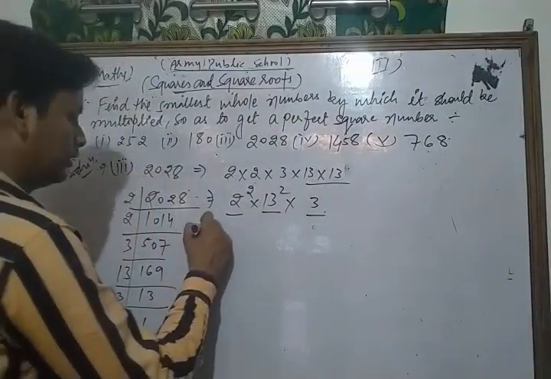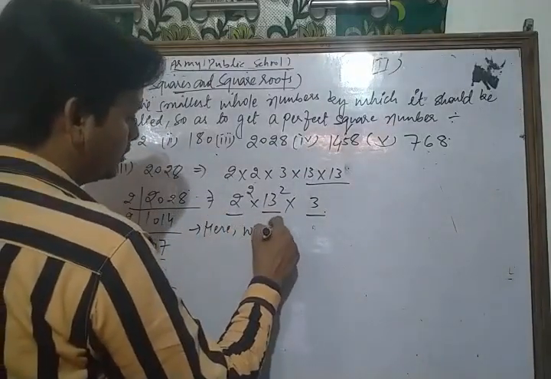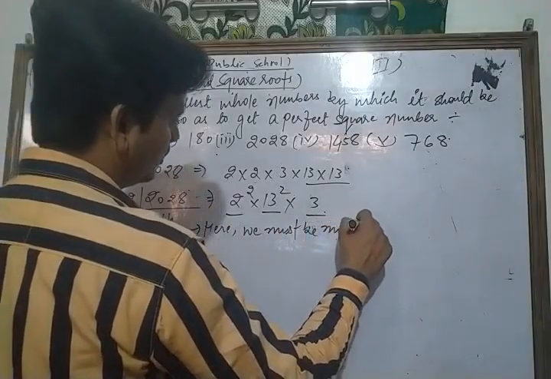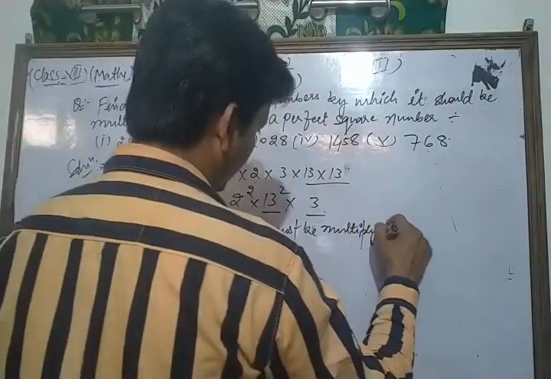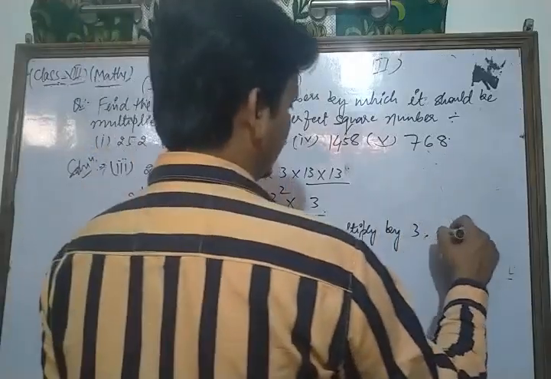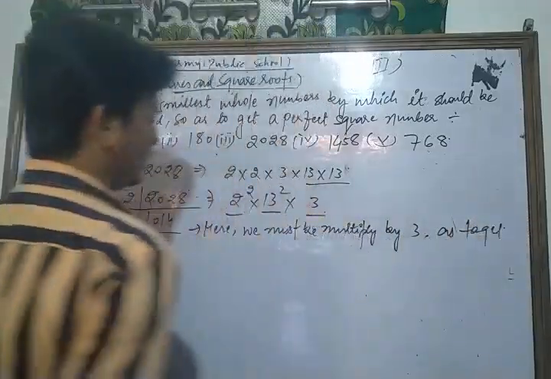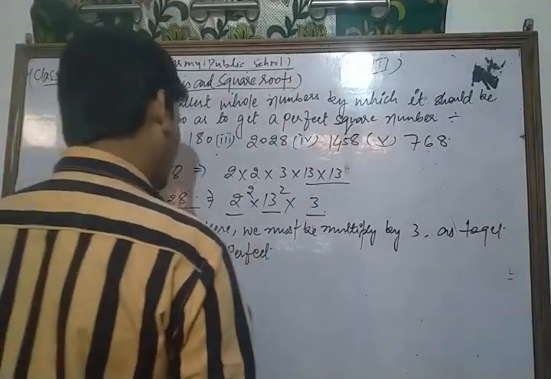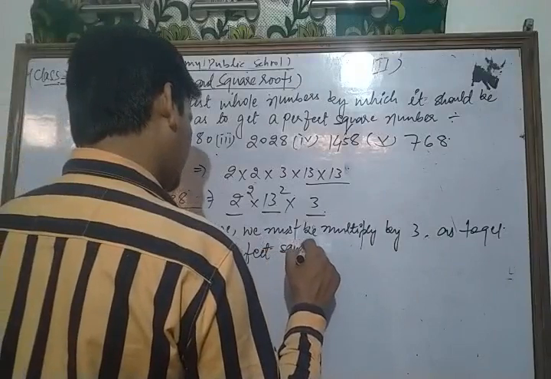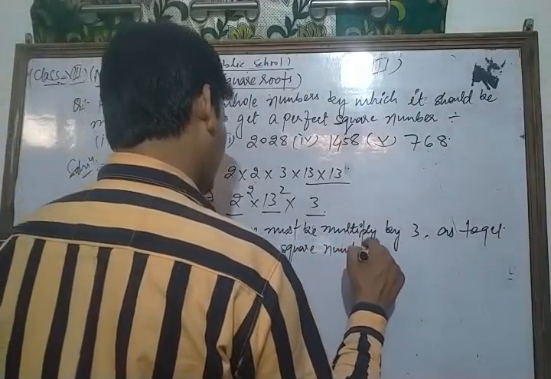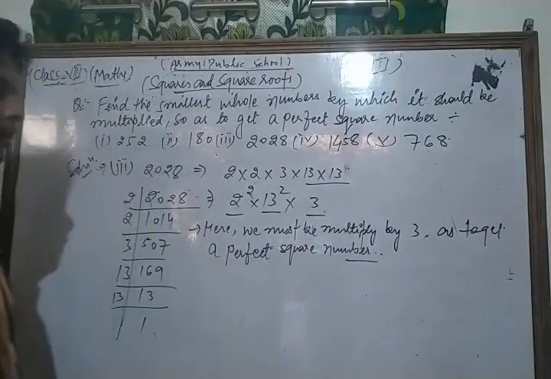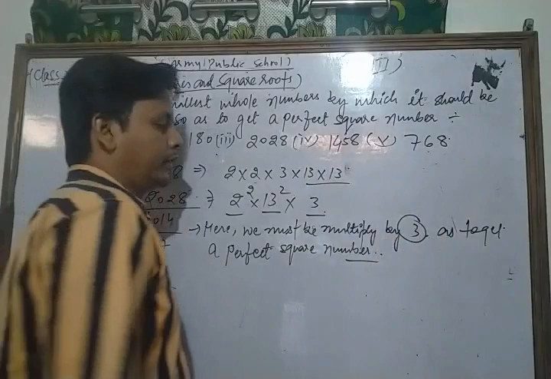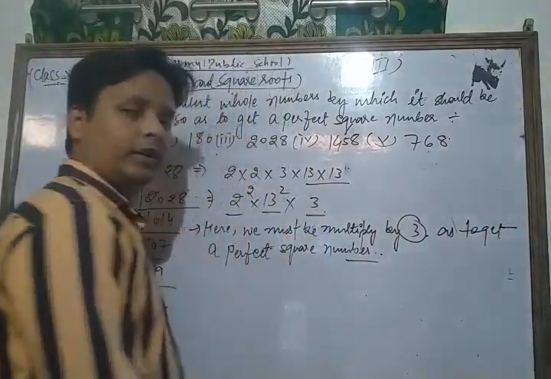So here, dear students, we must be multiplied by 3 so as to get a perfect square number.